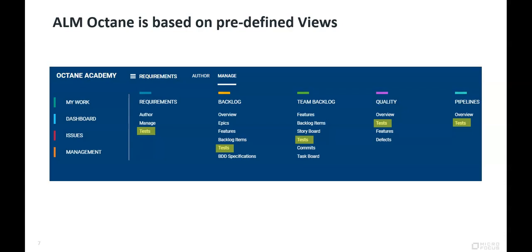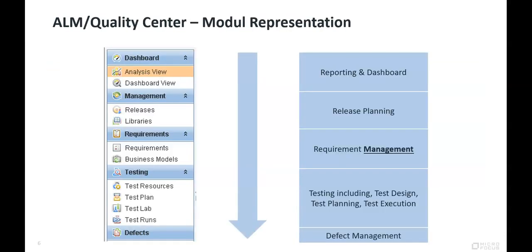So one module is enough to do the full job, and this is the main difference between Quality Center and ALM Octane. In Quality Center you had different modules, and each module was really focusing on its discipline. Requirements was focusing only on requirements, test plan was focusing only on test creation and test maintenance, test lab was focusing only on test execution, and the defect module was really focusing on defect management.